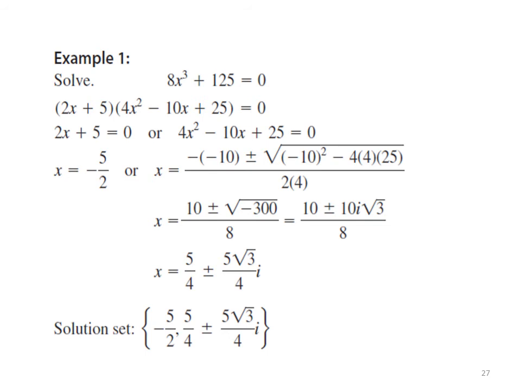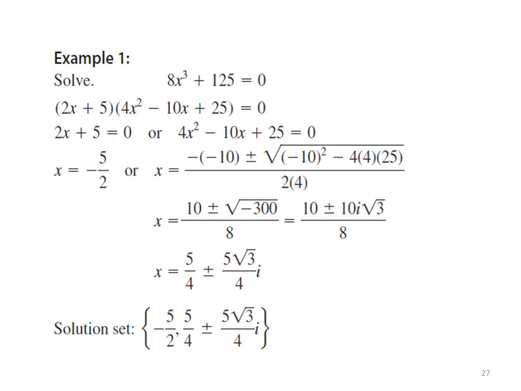This can be simplified. The discriminant can be simplified. You get minus 300. Your two solutions now become 10 minus or plus the square root of minus 300 divided by 8. Now you can write the square root of minus 300 as the square root of 300 times i, or you can write it as 10 times i times the square root of 3.